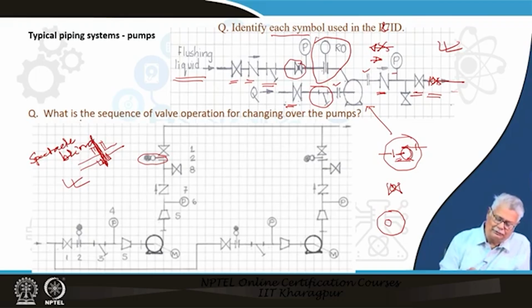It is also possible for you, instead of having this disc closure, what you could also have is something like this, a disc with a hole inside, which is something like your restriction orifice. But in this case, the purpose is not to have any resistance, but you have a disc whose inside diameter is almost the same as your pipe.